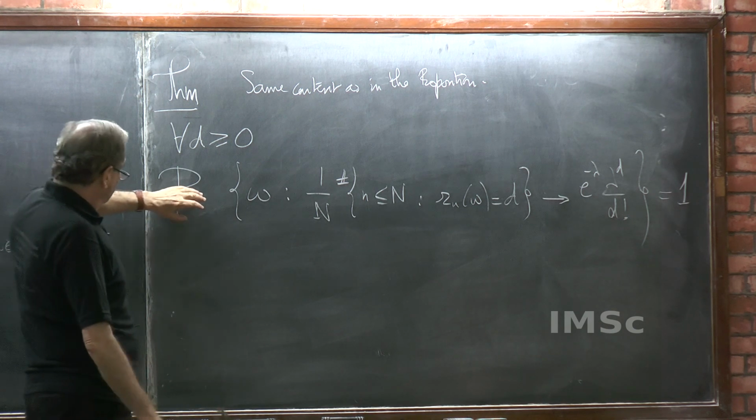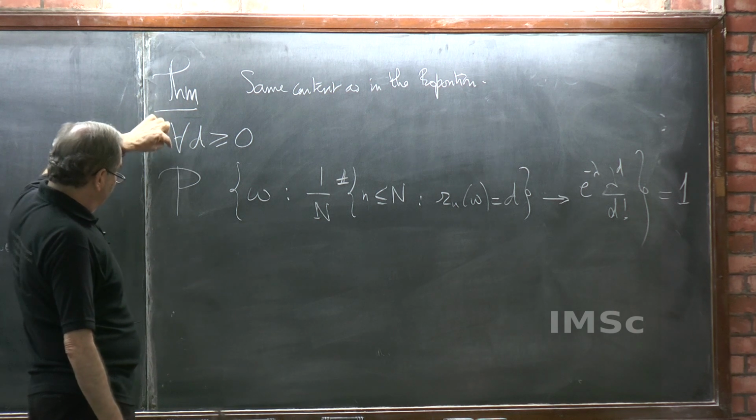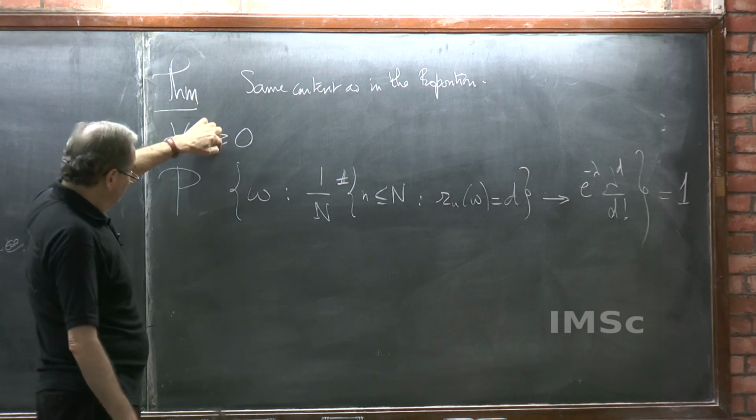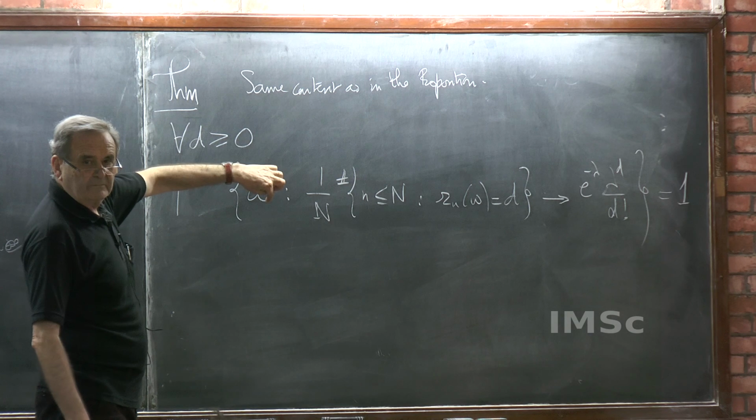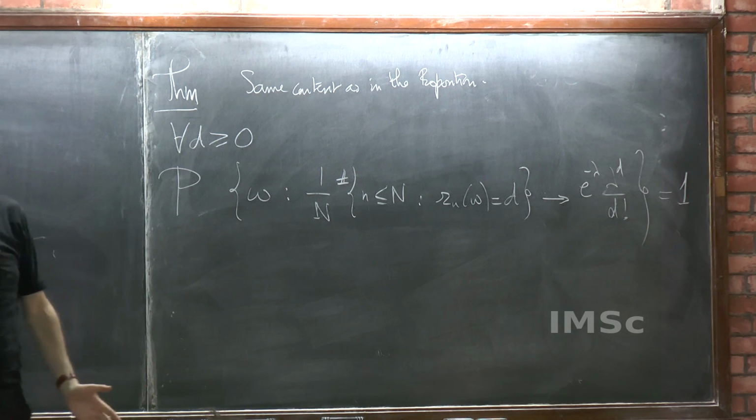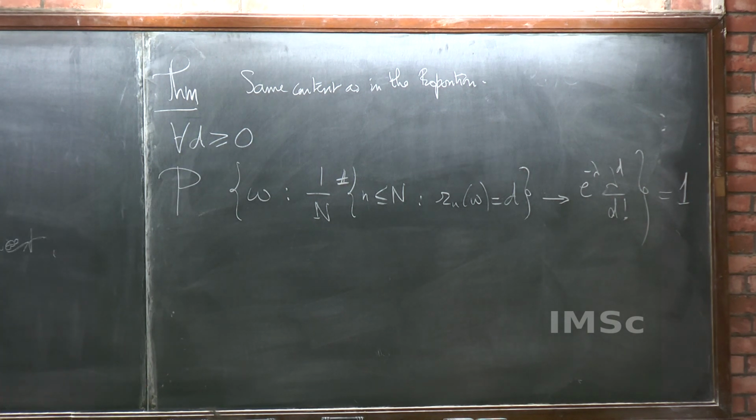Now you may say, well, okay, here is for all d, I have this probability. Can I put also the d inside? This is easy, because you are taking the intersection of, so it is countable intersection of elements which have measure 1.